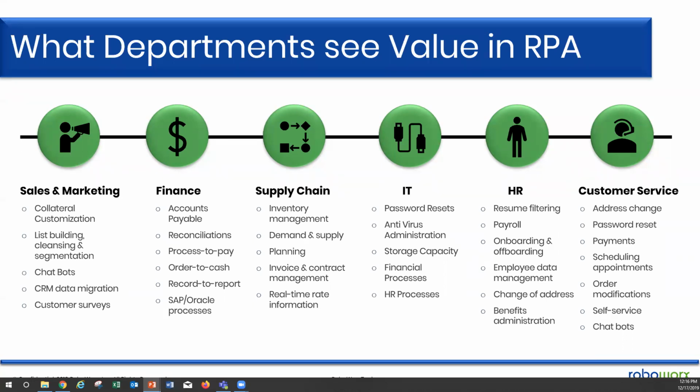And then you can see supply chain. So for companies with supply chains, it's helpful because so many different people are touching any given transaction. So the robot can really streamline that process.